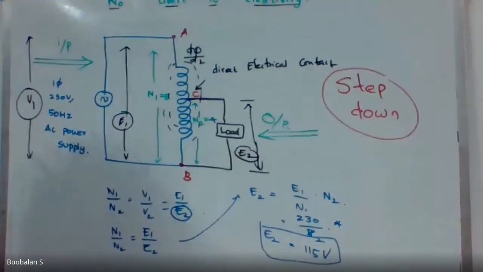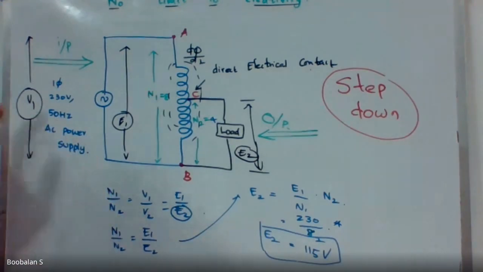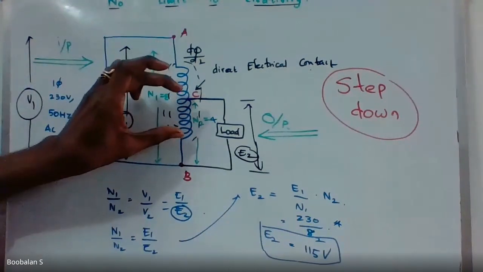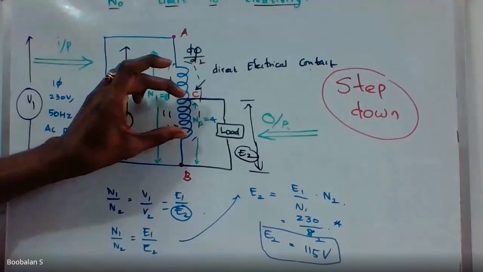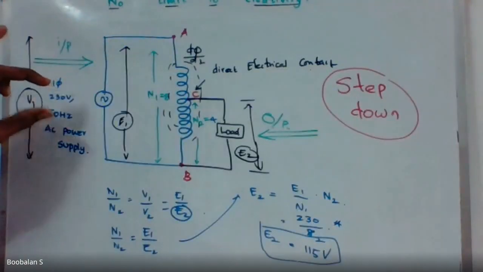Okay sir, then what do we do for step up? We will have one more question, right? Anyone with a quick snap, we'll go with the step up auto transformer. How do we convert this arrangement into step up? In this case you will not get step up voltage, because we are getting only a small portion of the entire winding, so definitely less than 230 voltage.